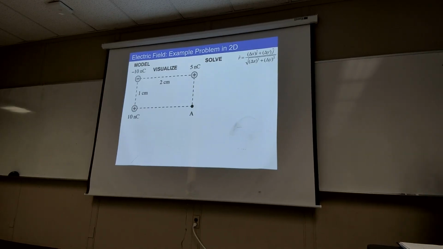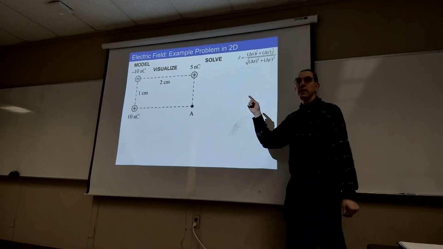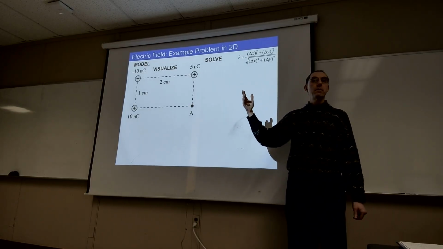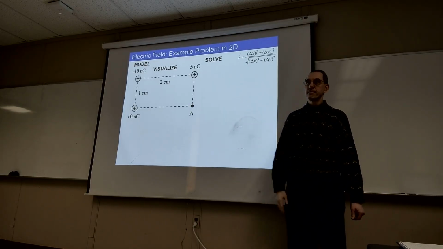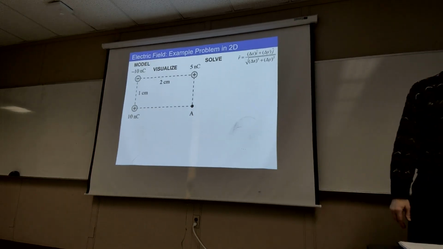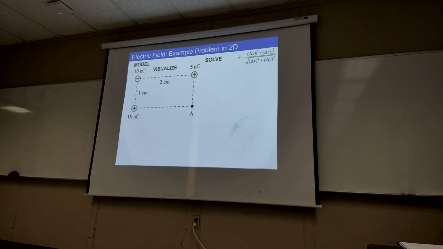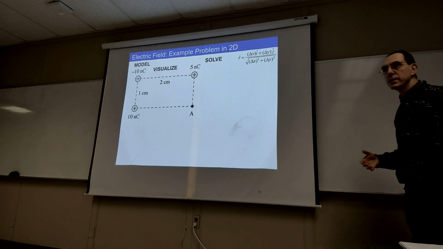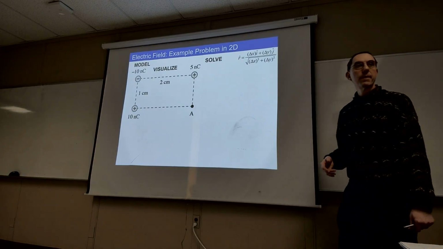All right, so let's start at the beginning. What might be reasonable to put down in the model step? Do we have any simplifying assumptions here we want to write down? Key equations we want to use? What do you suggest?